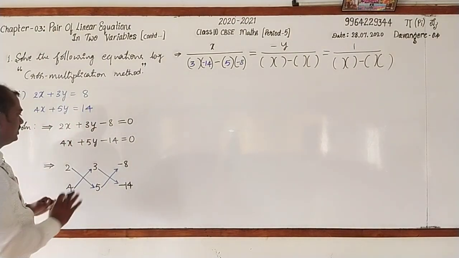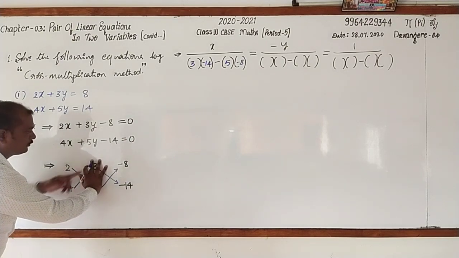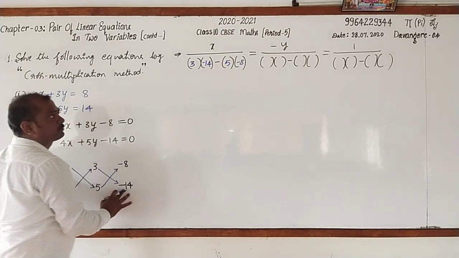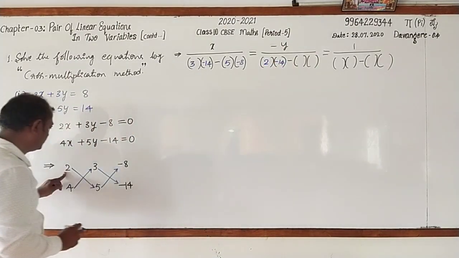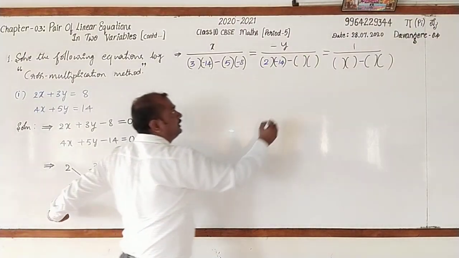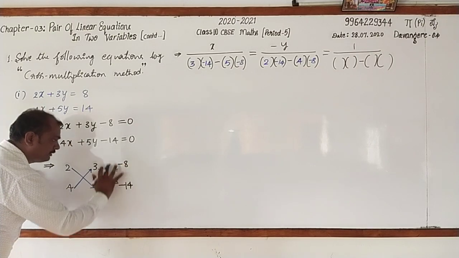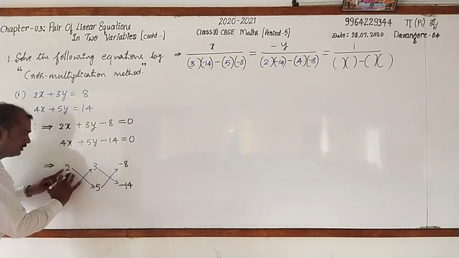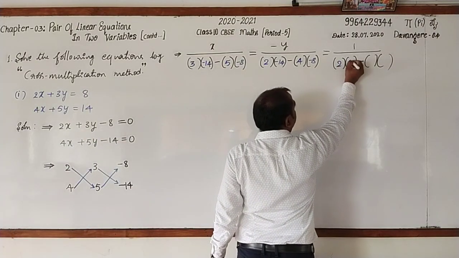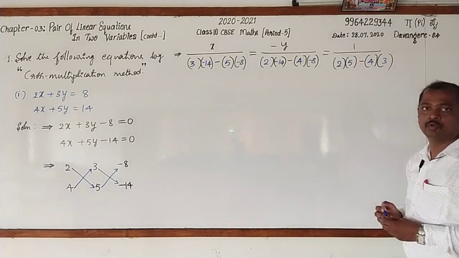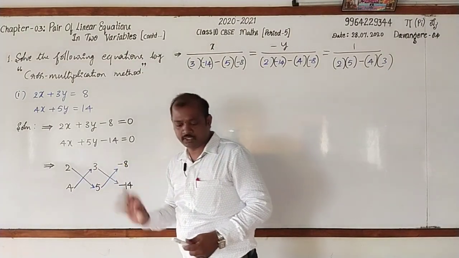With respect to y, leave the coefficients of y and take the remaining: 2 and minus 14, then 4 and minus 8. Next, for the constant, leave the constants; the remaining are 2, 5, 4 and 3. Here 2, 5 minus 4, 3. Hope you have understood.